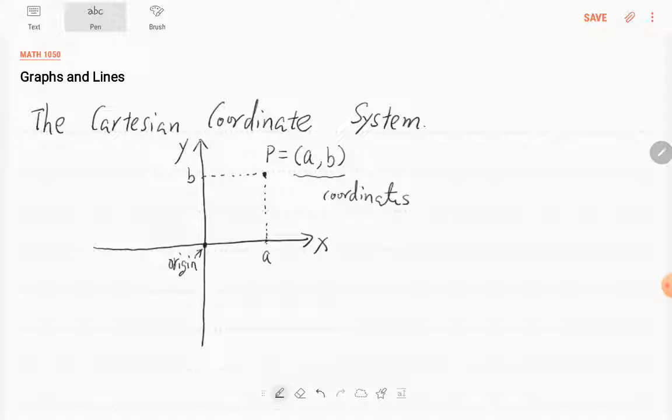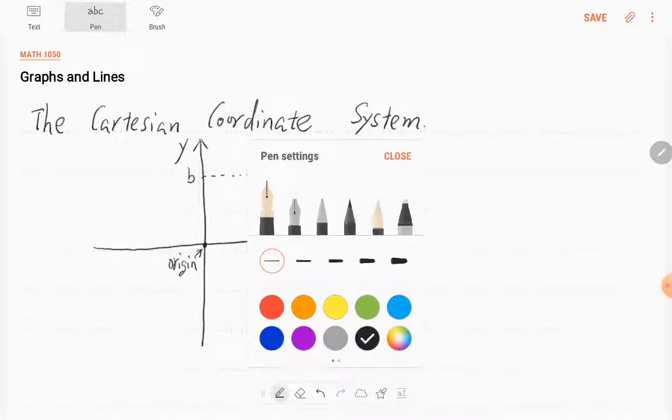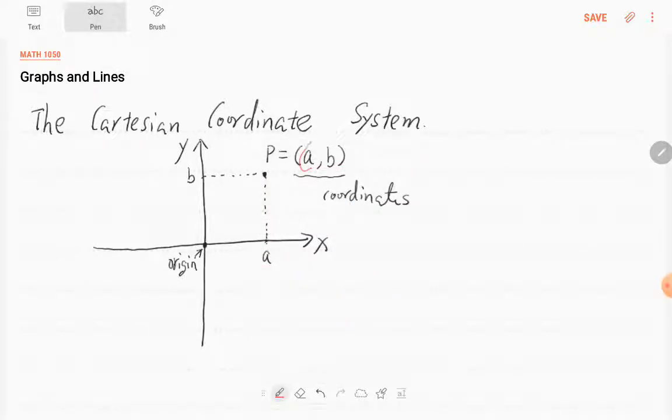The first one is called the x coordinate, and the second one is called the y coordinate.